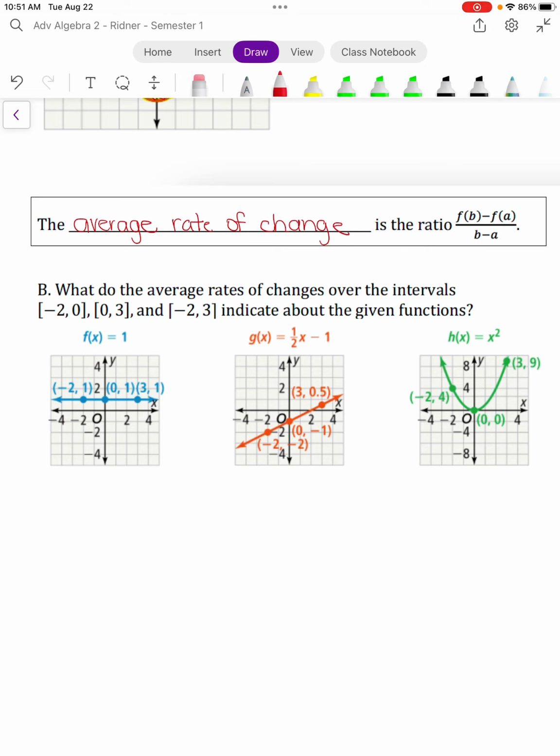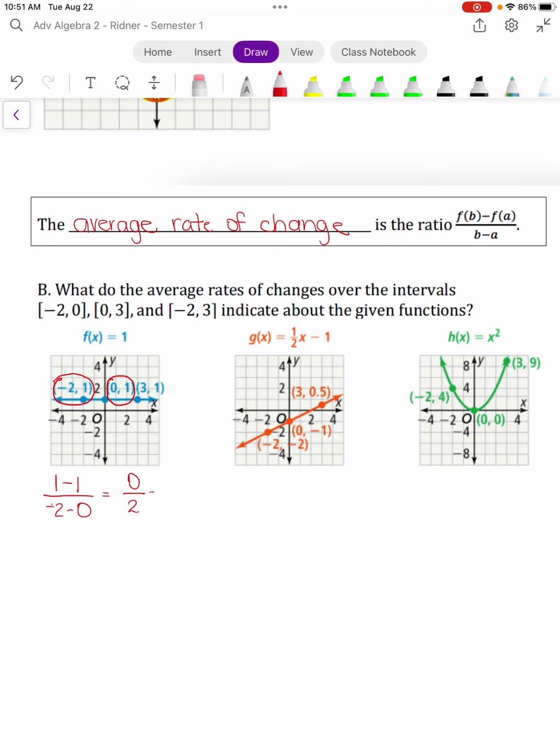So if I want to find the average rate of change from -2 to 0, I need to know the whole point at -2, and I need to know the whole point at 0. And then I'm going to do y minus y over x minus x.